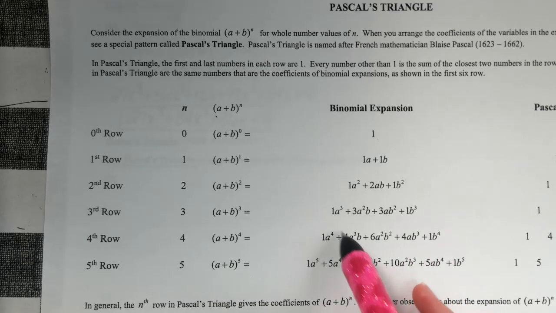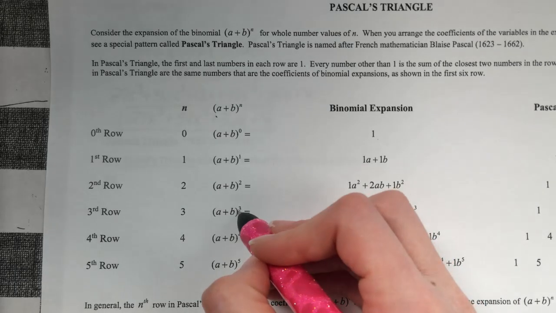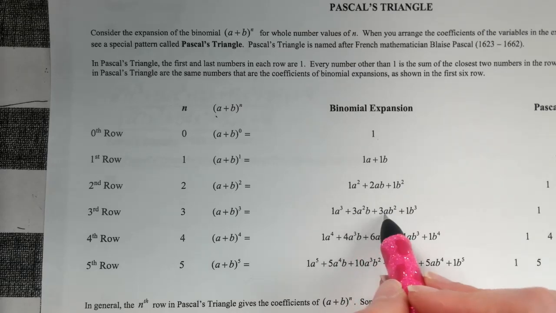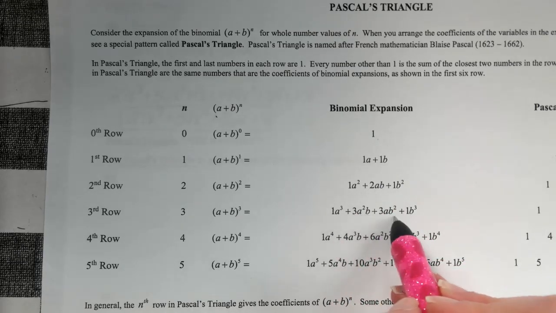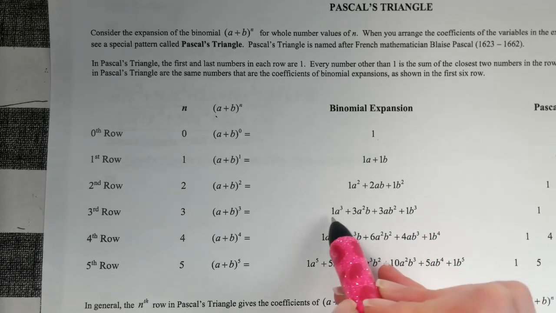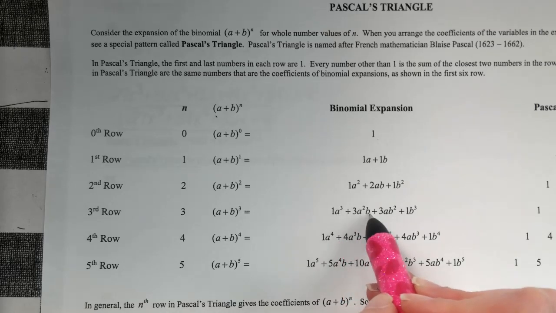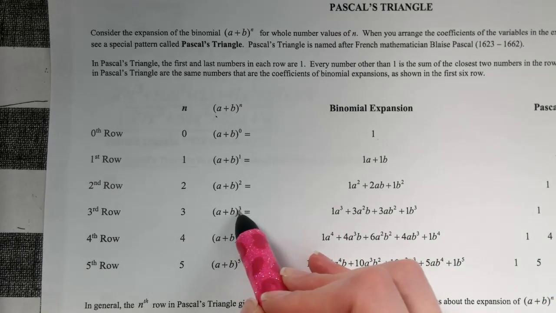As I go throughout the problem, the power of a will start with whatever your degree is, and then it will decrease by 1 for each term to follow. As that decreases by 1, your b will start to increase. So I did not have a b here, so this is technically b to the 0, then b to the first, b squared, b cubed. And it's going to end with whatever that exponent is.